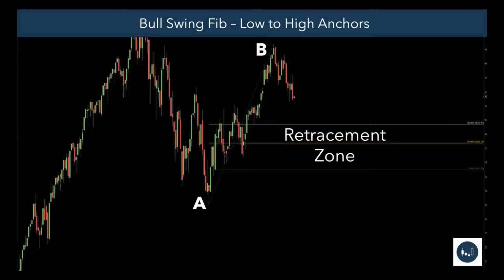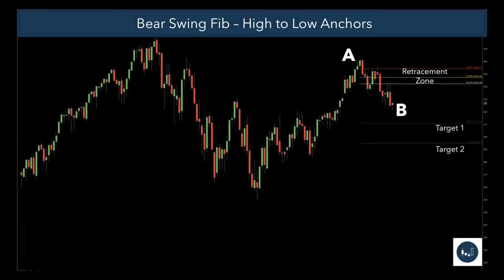And I do that personally as I begin to have Fib stacking and Fib sequencing, just so I don't get confused myself. So I know that's kind of a common setup for me. And so we've got the bull swing, we've got the bear swing, and we're using anchors, whether it's low to high or high to low.